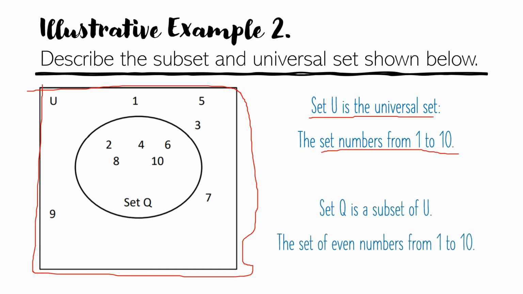And next we have set Q, wherein this is a subset of the universal set. So this one is the subset of U, or the set Q. The elements of set Q are the set of even numbers from 1 to 10. So wherein the elements are 2, 4, 6, 8, and 10. So that's why we have this, the subset of the universal set.